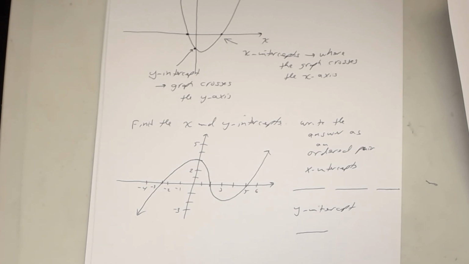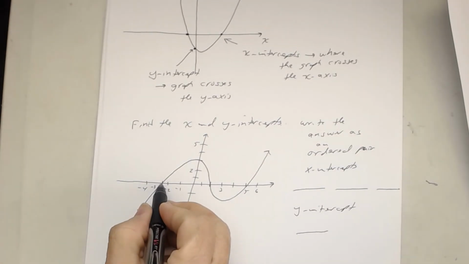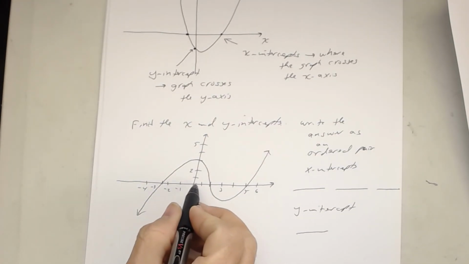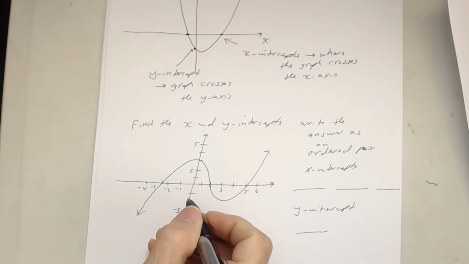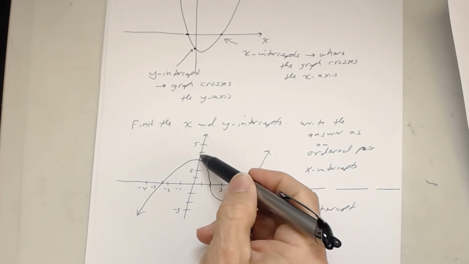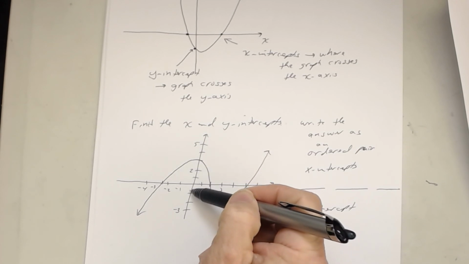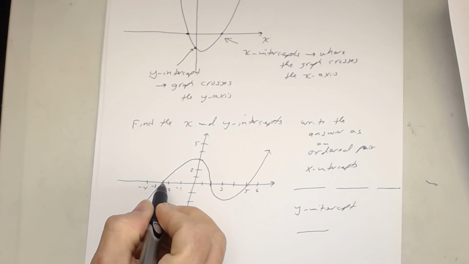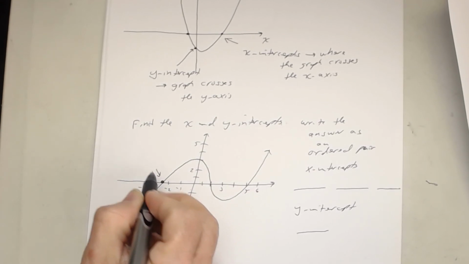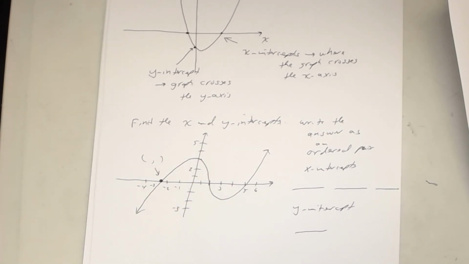All right, now, we talked about this last class period. Wherever you are on the x-axis, what is the y-coordinate? 0. Very good. Wherever you are on the y-axis, what is the x-coordinate? 0. So if I put a little dot right here, and I ask you what is the x and y coordinate of that point?